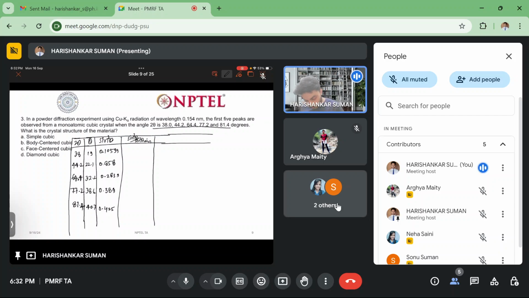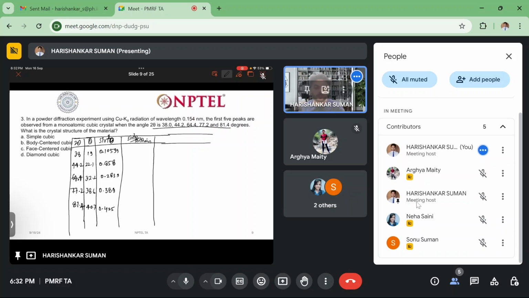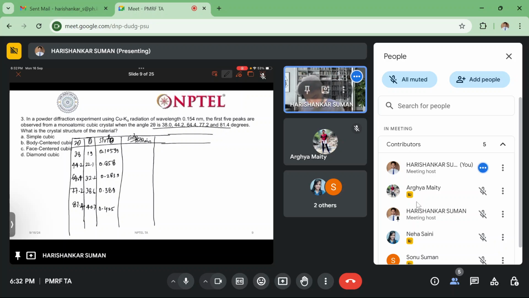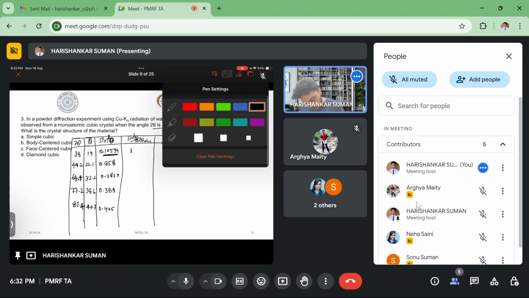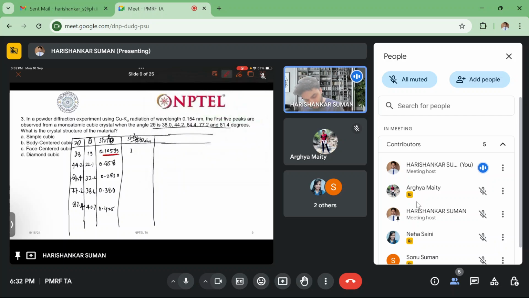So this is sine square theta. Then sine square theta divided by sine square theta minimum. Consider this as the minimum, and divide by 5.